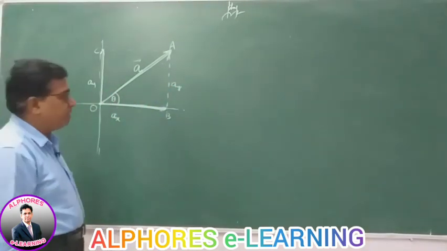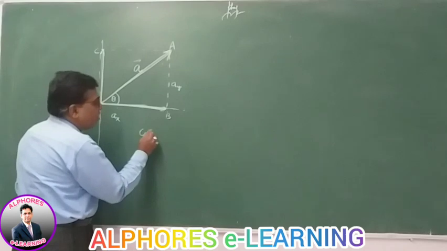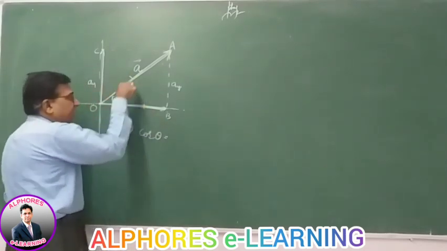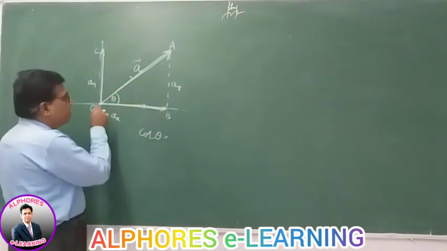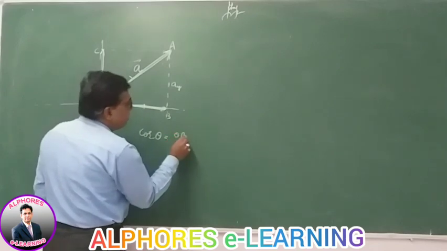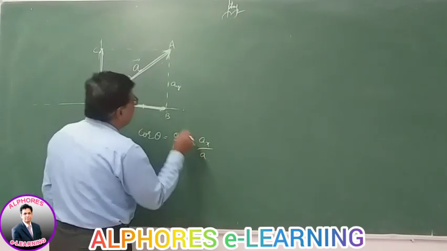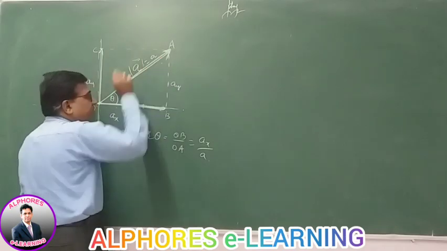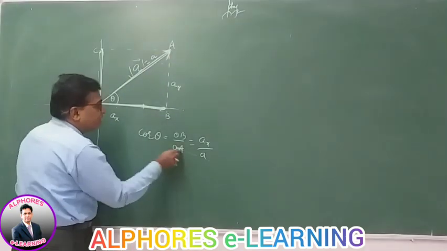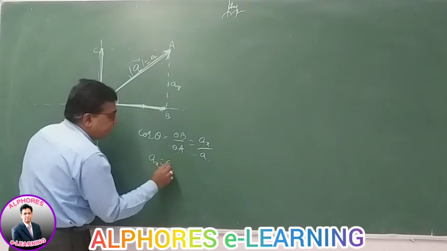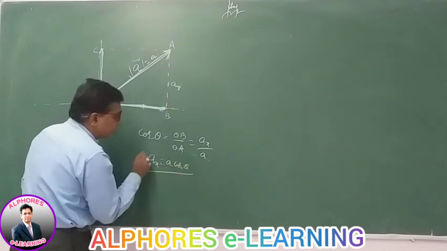Applying simple trigonometry, in this triangle cos theta is equal to adjacent by hypotenuse. Adjacent is OB, hypotenuse is OA. So this is Ax by A, letting the magnitude of vector A bar be A. Cross multiplying, I get Ax is equal to A cos theta.